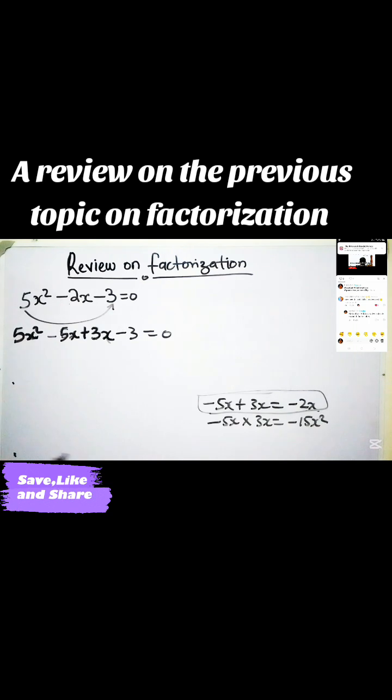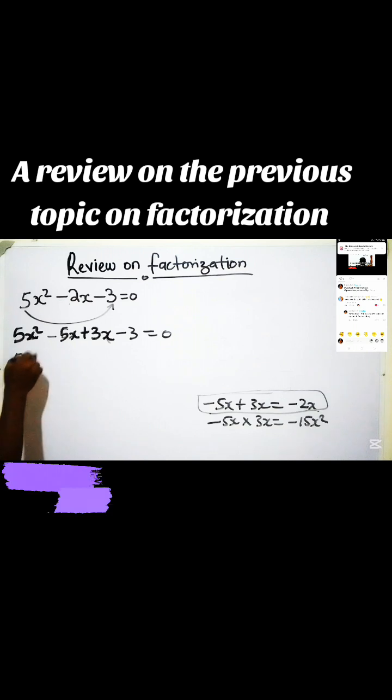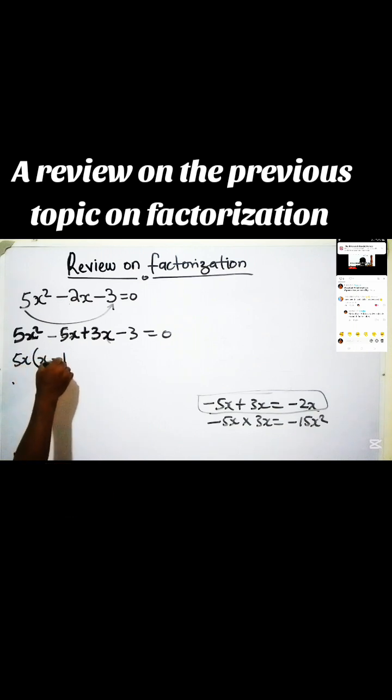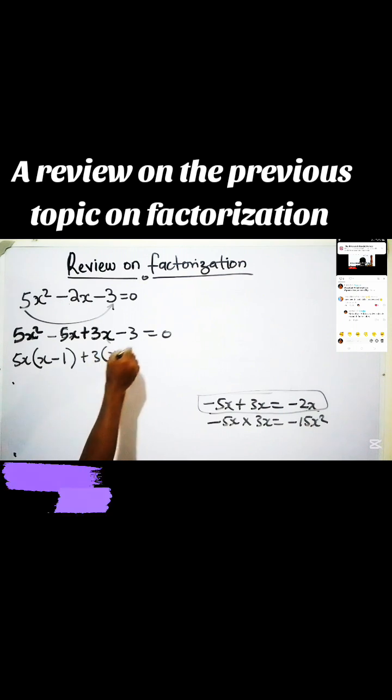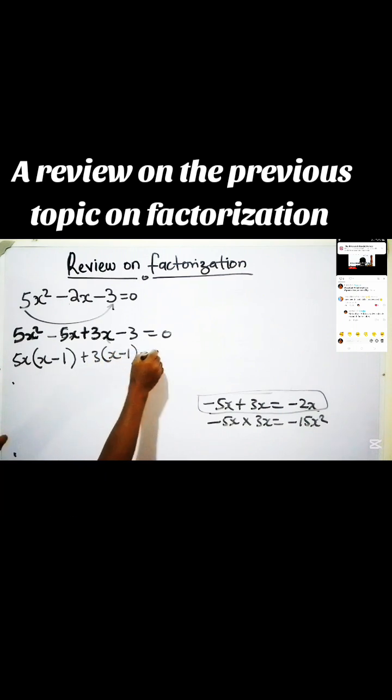Using these, we have 5x is common: 5x times x minus 1, plus 3 is common: 3 times x minus 1, is equals to 0.